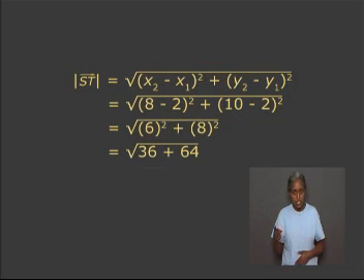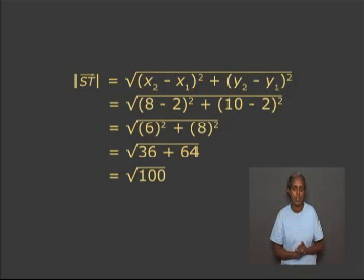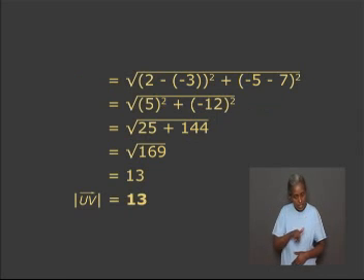When each difference is squared and added, the sum is 100. The square root of 100 is 10. Therefore, the magnitude of vector st is equal to 10. By following the same series of steps, I am confident that you found the magnitude of uv to be equal to 13. Good work, students.